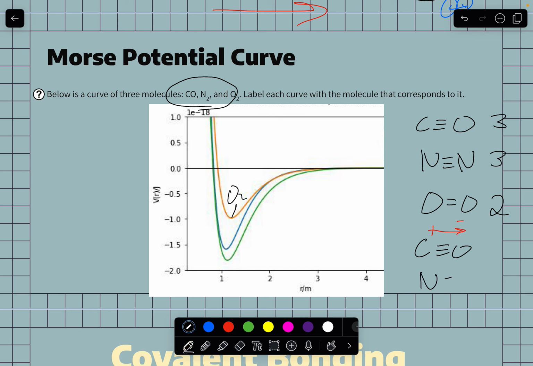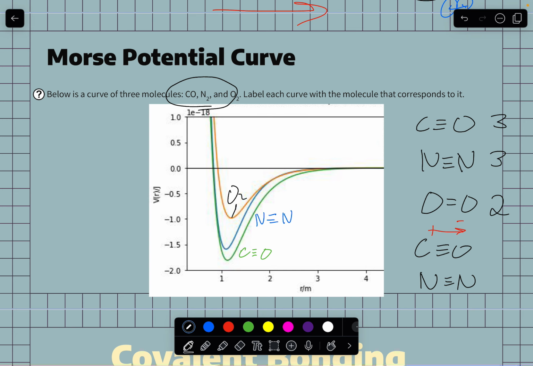For N2, they're equal. So there's an equal share, there's no dipole moment. For CO, because it is polar, it's going to be a little bit stronger. So our CO is going to be our stronger bond, and our N2 is going to be slightly weaker, but it's still a strong bond. It has a triple bond there.